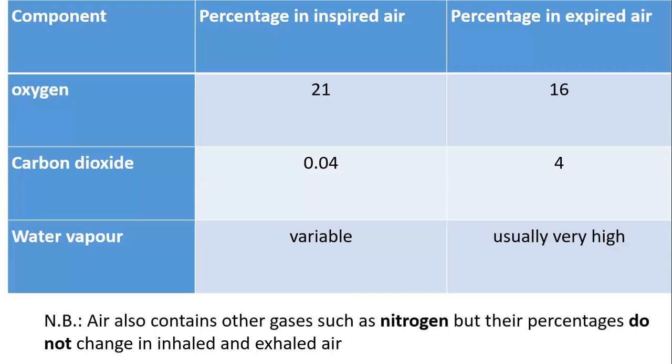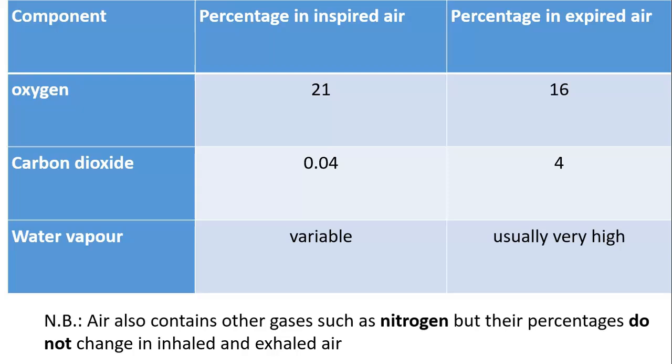So let's take a look at the percentage of the components inside the air that's inhaled or exhaled, inspired or expired. So first, when we take air inside, we call it inhalation or inspiration. When we push air outside, we call it exhaling or expiring.